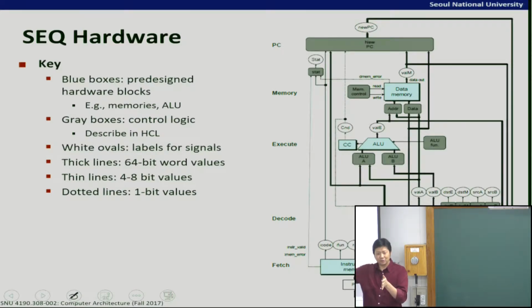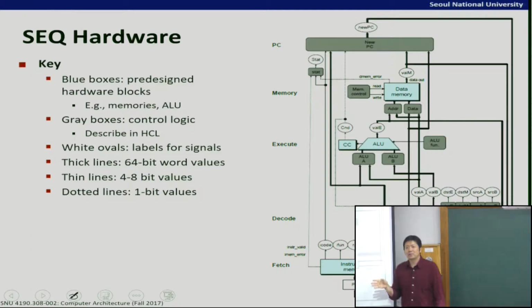Then in the next cycle, you read a new instruction and execute it during that cycle, and so on. So it's basically a one cycle at a time model, executing only one instruction at a time.